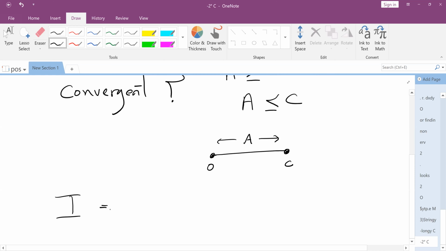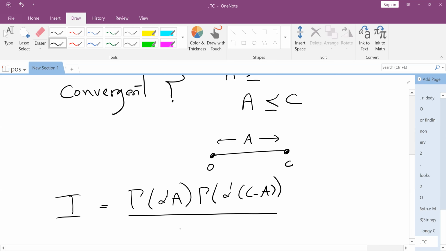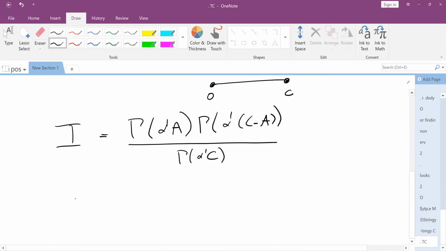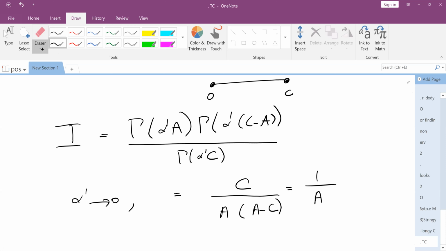Okay, good. Now, what is this actual integral? The actual integral is gamma of alpha prime a, gamma of alpha prime (c minus a), it's the beta function, over gamma of alpha prime c. And indeed, as alpha prime goes to 0, the integral is equal to c over a times (c minus a), or 1 over a plus 1 over (c minus a).